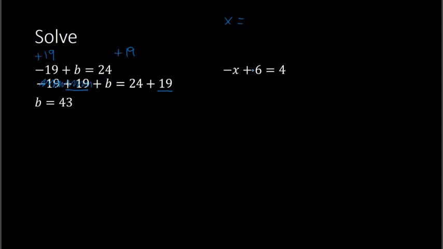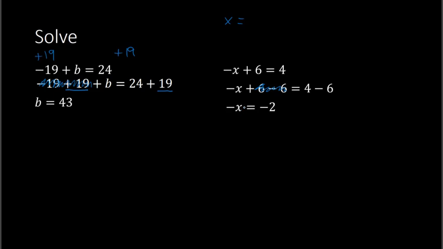So let's get rid of the plus 6 by doing the opposite, which would be subtract 6. When I subtract 6 on the left side, 6 minus 6 will cancel. That's going to give me 0. So I have negative x plus 0, or just negative x. And then on the right side, 4 minus 6 would give me negative 2. So negative x equals negative 2.